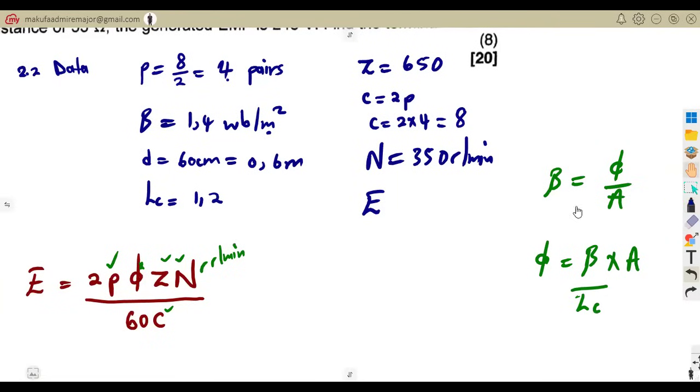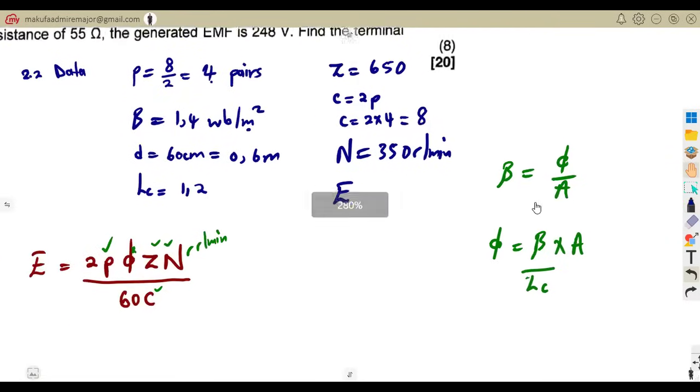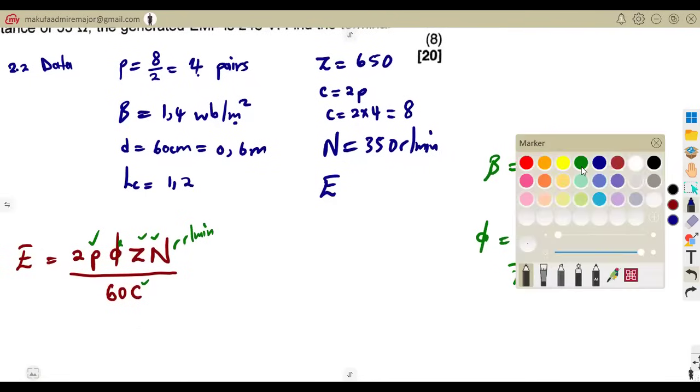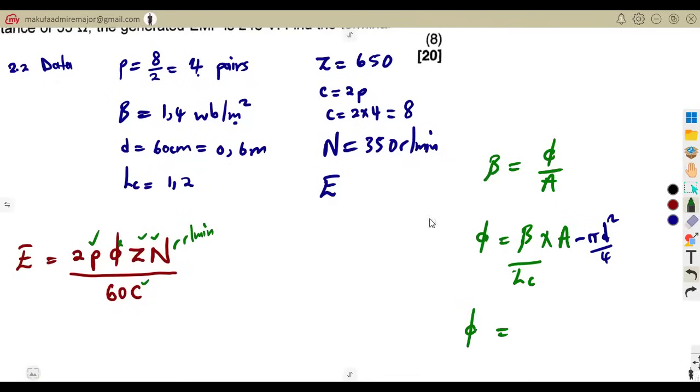So remember, for this area, we are given the diameter. So we're simply going to use pi d squared over 4 for area. So the flux was going to be calculated, guys. The magnetic flux was going to be the magnetic flux density 1,4 over the leak coefficient 1,2 times the area, as I said, pi d squared over 4.